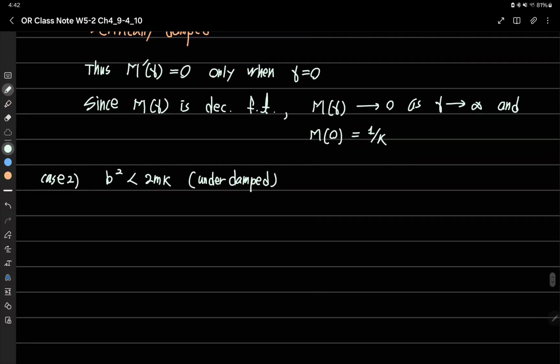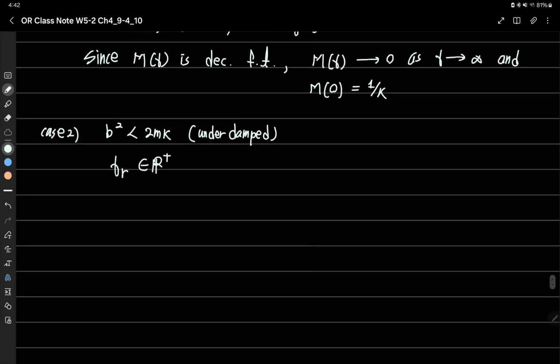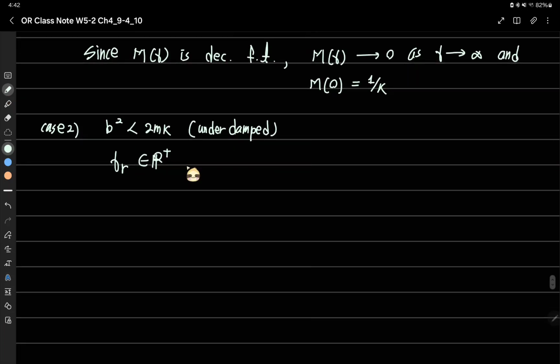So then gamma sub r is a positive real value. Okay, and m of gamma has a maximum value at gamma sub r.